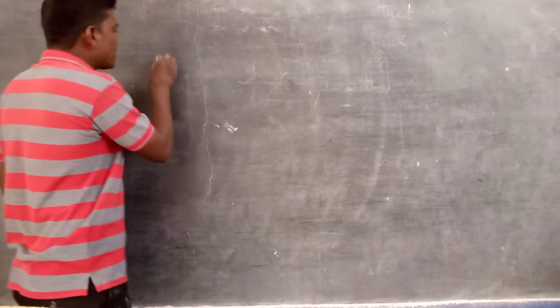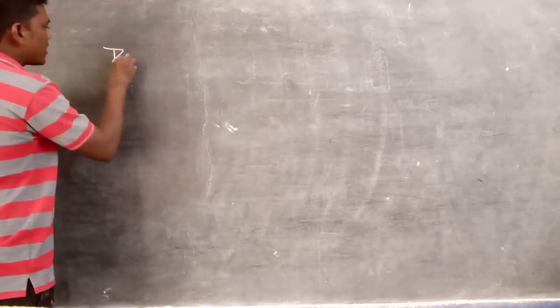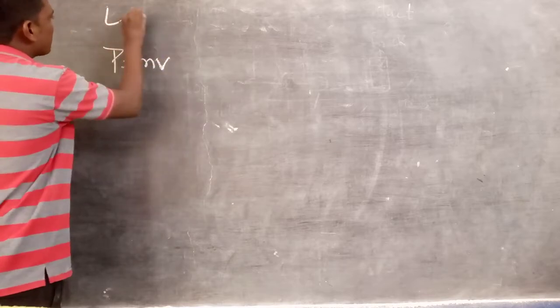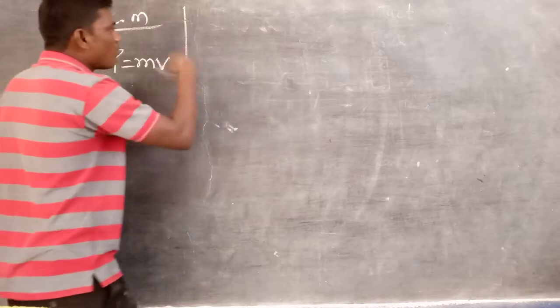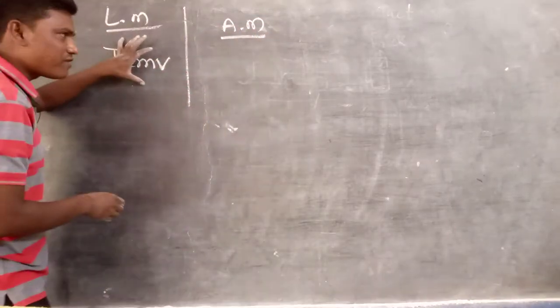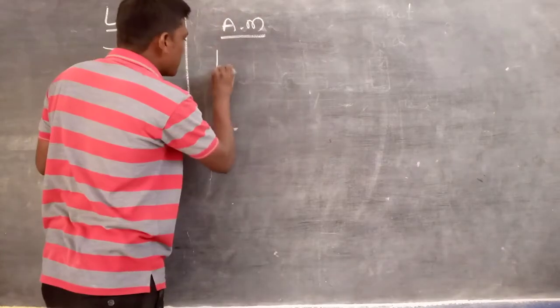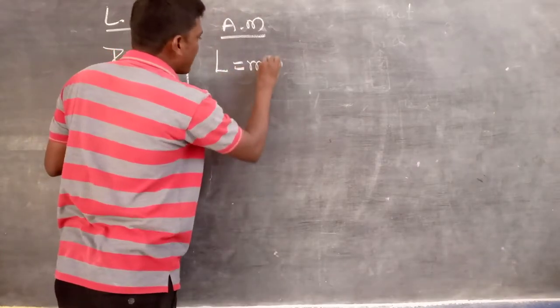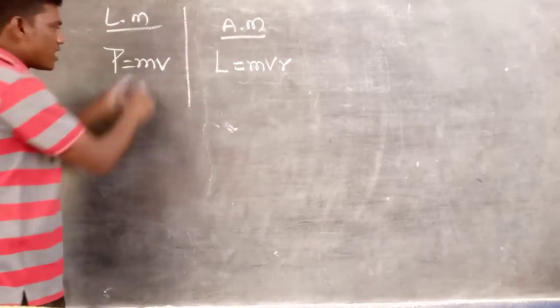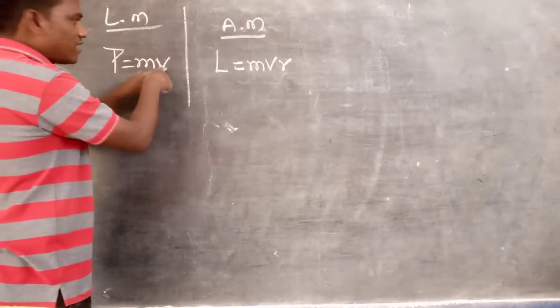Linear momentum. What is the formula of linear momentum? P is equal to mv. This is the linear momentum. And what is the angular momentum? Angular momentum is capital L is equal to mvr. Here, what is the difference you are observing? m means mass, v means velocity.